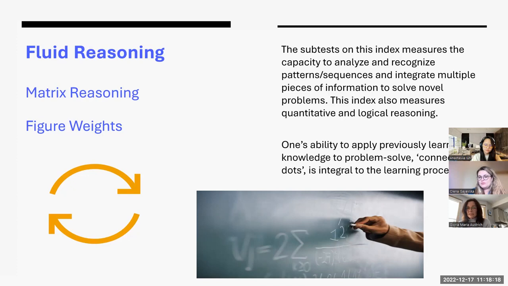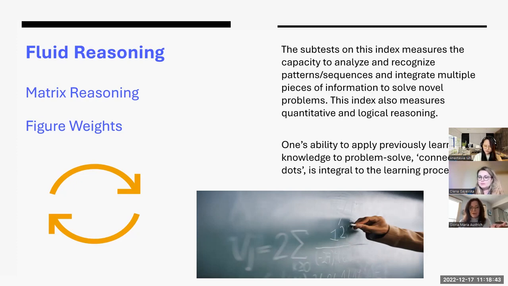Figure weights is assessed by presenting the child initially with a scale, where 2 things are equal, and 1 piece of information is provided. So it's basically, if this is supposed to be the same as that, then which one of these represents the answer that should go on the other side? It becomes more complex because then the child is presented with 2 scales.